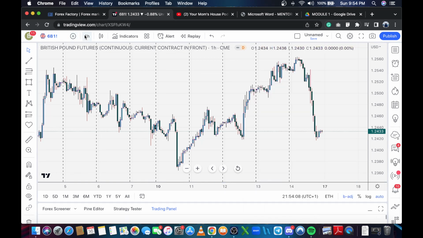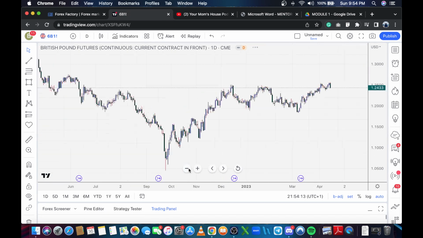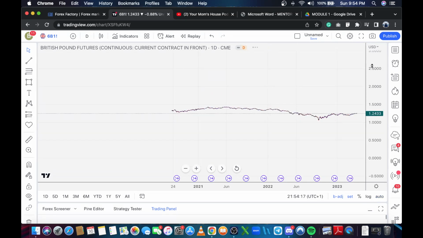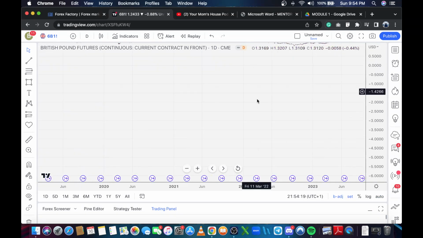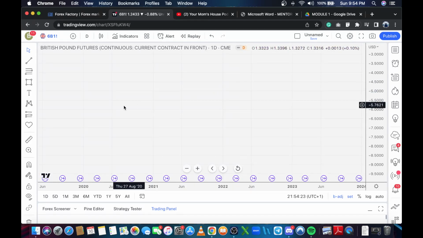Now let me explain the logic behind propulsion blocks. I think I might have explained this before, but we're going to touch on it again. What's the logic behind propulsion blocks? If you remember, institutions cannot efficiently accumulate at one price point. They have to do so gradually. Think about an elephant going into the pool. If an elephant wants to go into the pool subtly, it has to go in one step at a time: one foot in the water, second foot in the water.